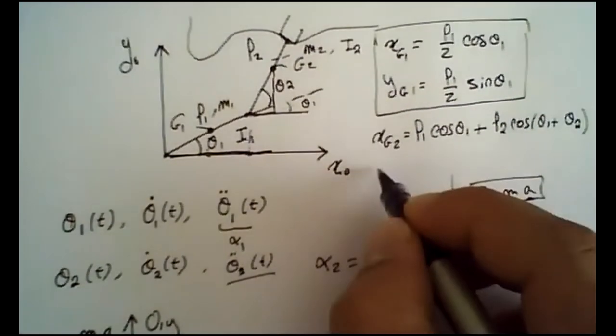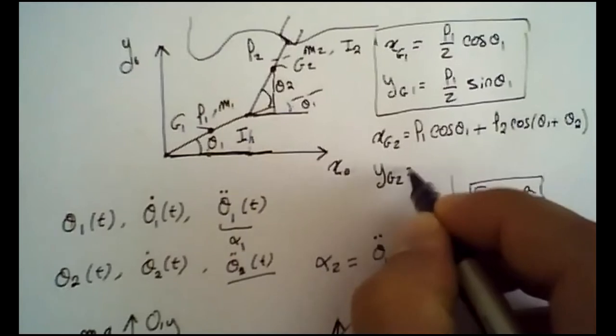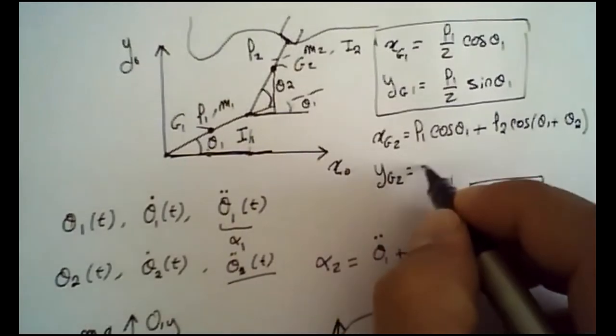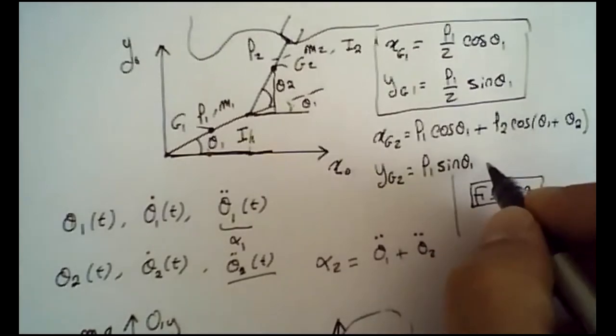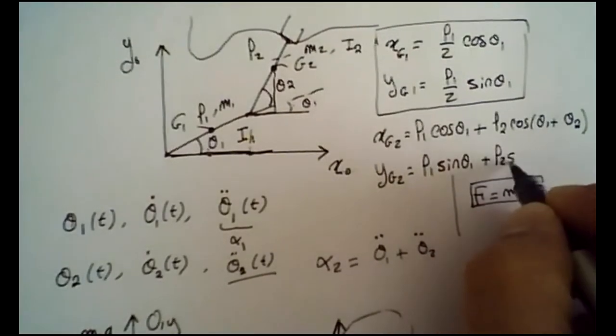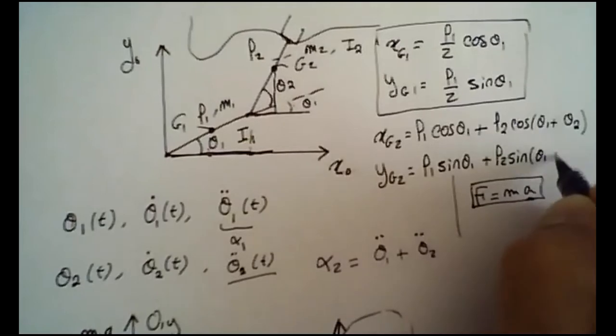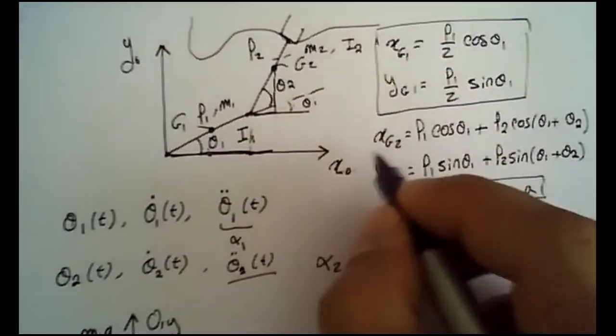And yG2 is equal to L1 sine theta 1 plus L2 sine of theta 1 plus theta 2.